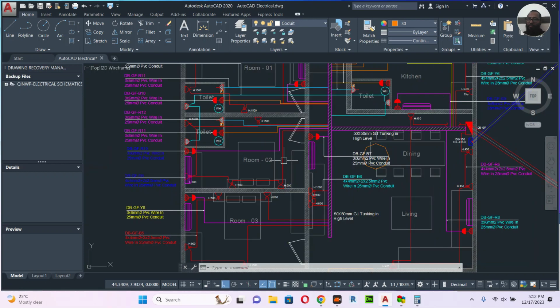We have many sockets, specified as per the requirement, like shaver, AC, dishwasher, cooker, everything, and we will take the load and make one DB schedule, meaning this DB, this size of wire is required, this DB provides power to this socket, and this socket needs this much wire, and this is the load. When we take the total load, we will decide the incoming breaker. When we have the total load, we can decide the cable through the Karma book.